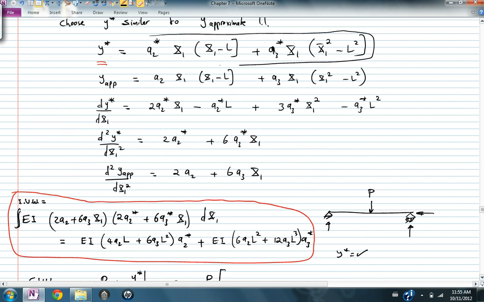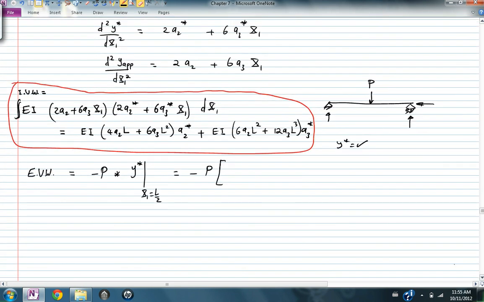This is y star, and now I'm utilizing y star when x1 is equal to L over 2, so this is equal to negative A2 star L squared over 4 minus 3 A3 star L cubed over 8.